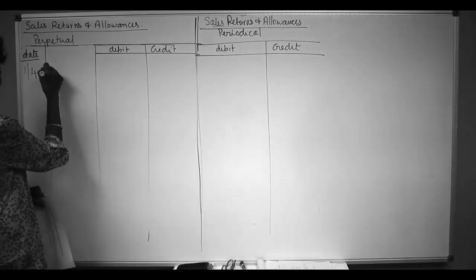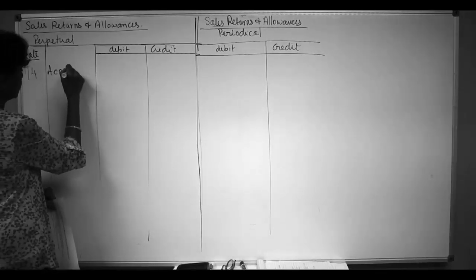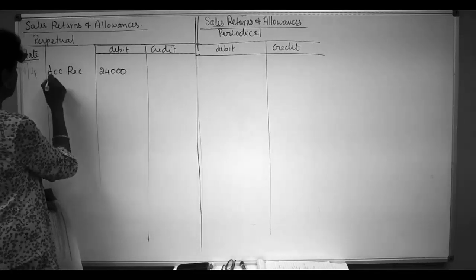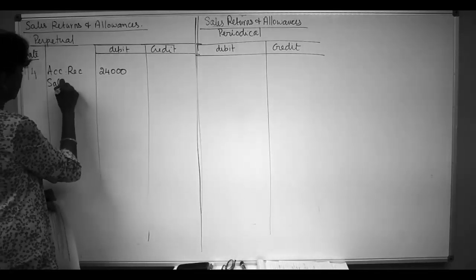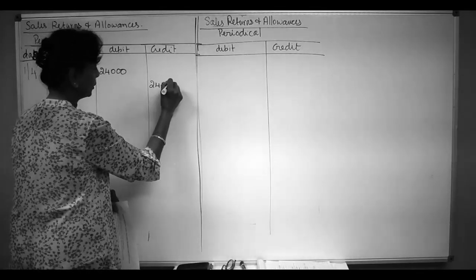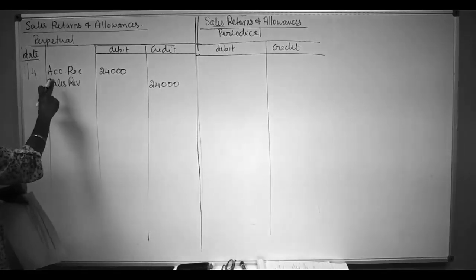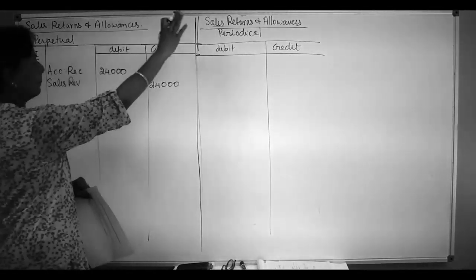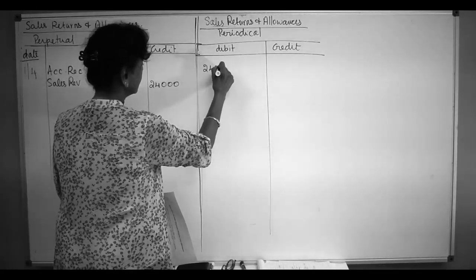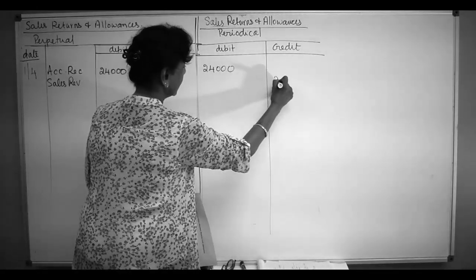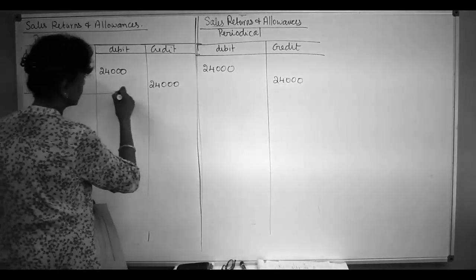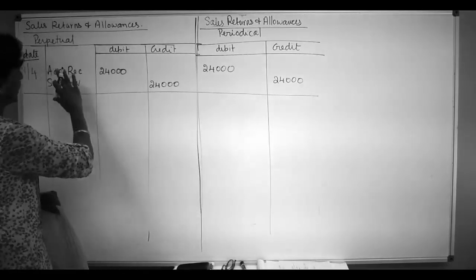So you will debit accounts receivable $24,000 and credit sales revenue $24,000. And you will do the same for the periodical too. You will debit accounts receivable 24,000 and credit sales revenue 24,000. You can see the entries are the same.